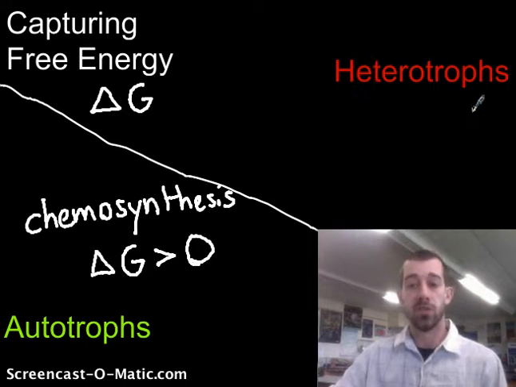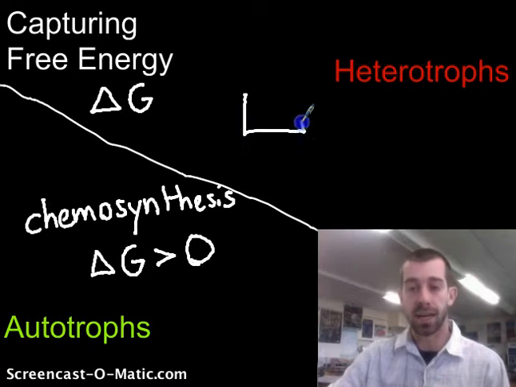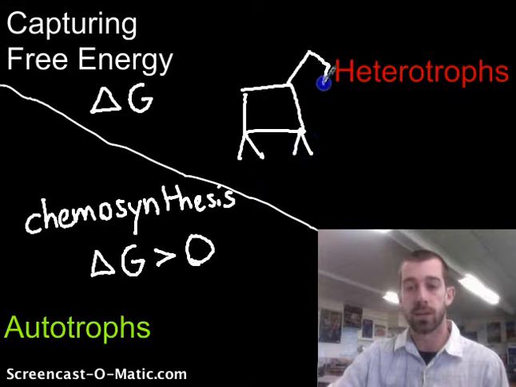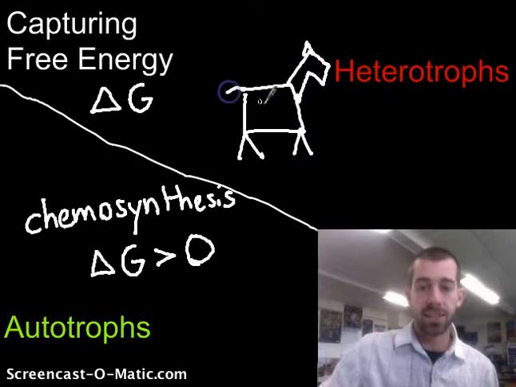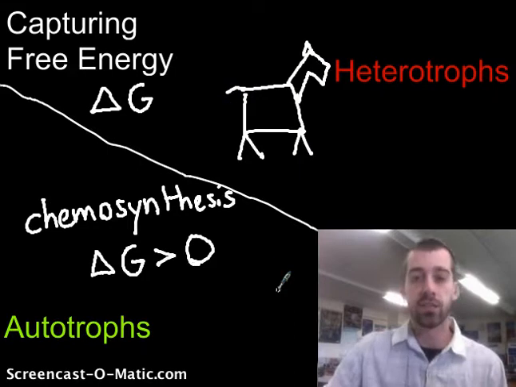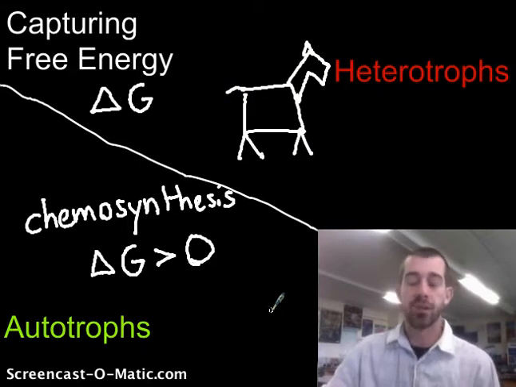Now heterotrophs are not able to take energy from the environment. If you think about an animal like maybe a cow, this is my best attempt at drawing a cow right here. That's as good as it gets. Bam. Well, this cow cannot make his own energy from chemicals lying around in the environment.